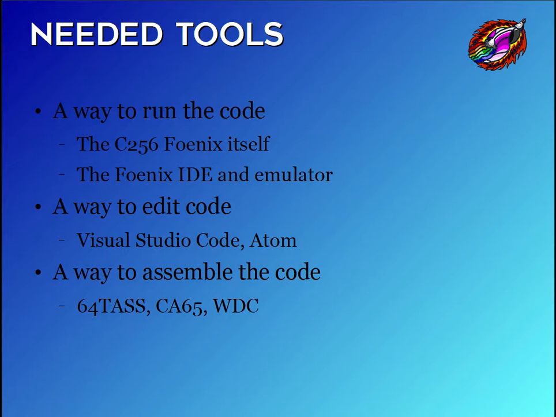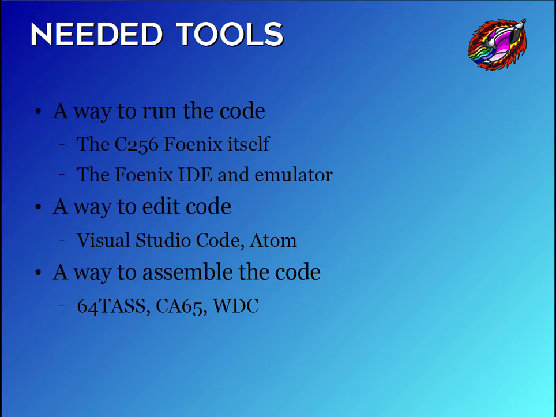First off, what are the tools that you're going to need to do assembly language for the Foenix? First of all, you're going to need to have a way to run the code. That should be fairly obvious. You kind of have two choices here. If you happen to have a physical version of the C256 Foenix itself, you can use that.